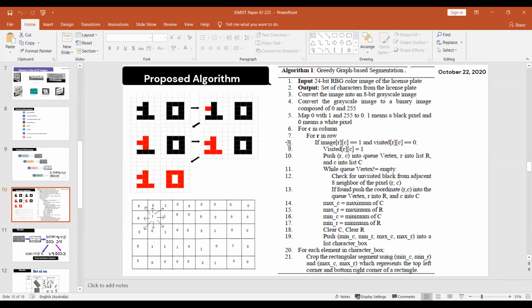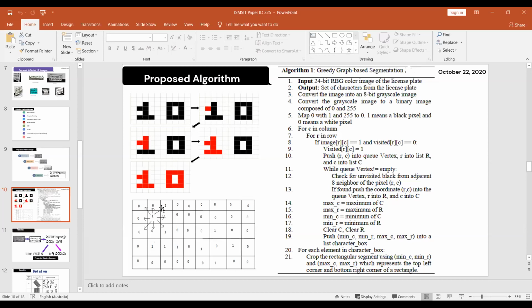In this algorithm, we will basically scan this matrix from top to bottom and left to right. So we'll scan column by column, and we stop at a position where we find a 1, which represents a black pixel in our original image, which is basically this point. And there we'll apply the BFS algorithm.